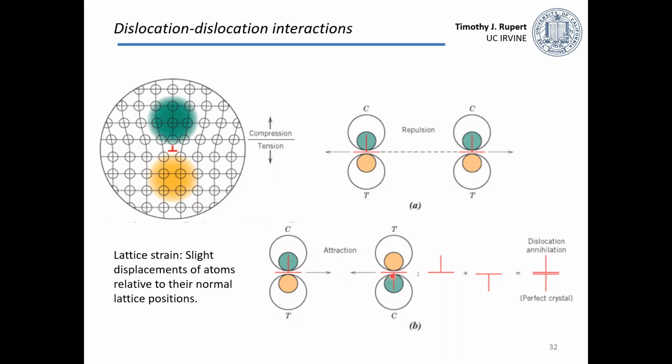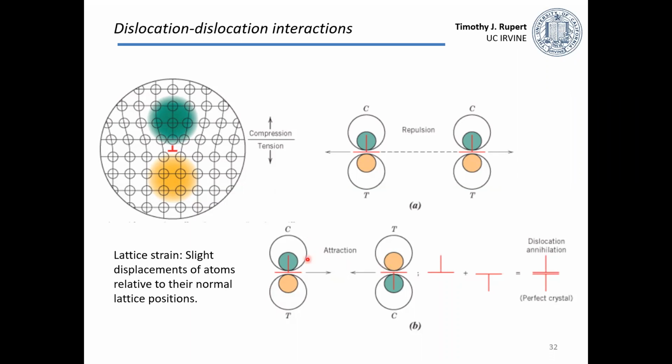Now, if I think about putting those dislocations on top of each other, like is shown here, those stress fields actually cancel each other out. So rather than having compression inside of my sample, compression at negative stress plus tension at positive stress equals 0 stress. So these types of dislocations are actually attracted to each other.